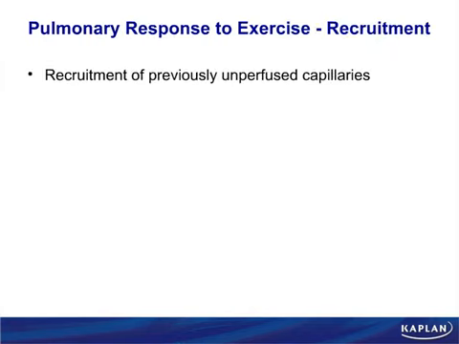In addition to distension reducing resistance, we also have what's called recruitment. You have to remember, you have millions and millions of alveoli, and these are surrounded by billions and billions of capillaries. That's a lot. Some of these capillaries aren't being perfused at rest. And so as pulmonary blood flow goes up, we start recruiting these unperfused capillaries.